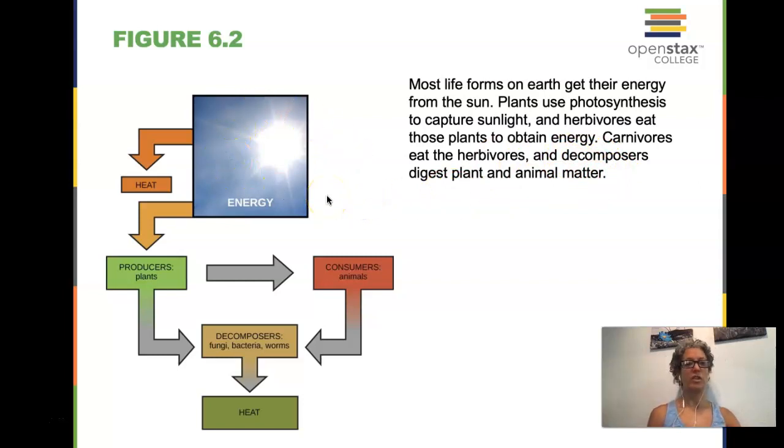None of these energy transformations are 100% efficient. There's always some energy that will be converted to heat energy rather than to chemical energy. And so that energy isn't lost, it's just in a format that is not directly chemical.